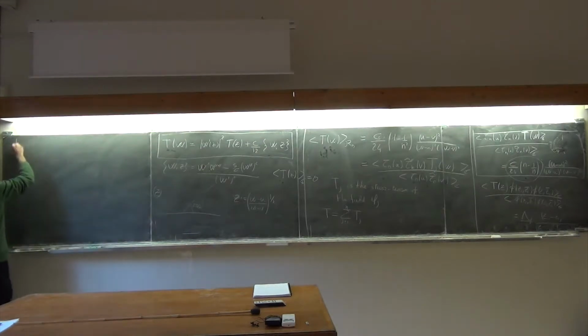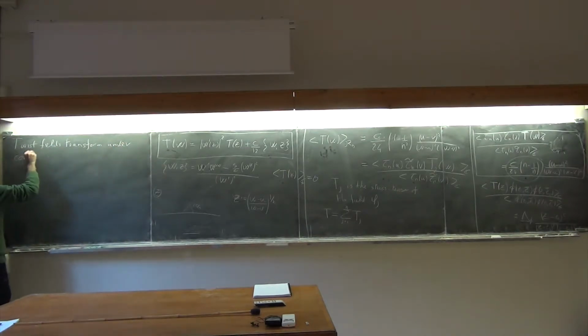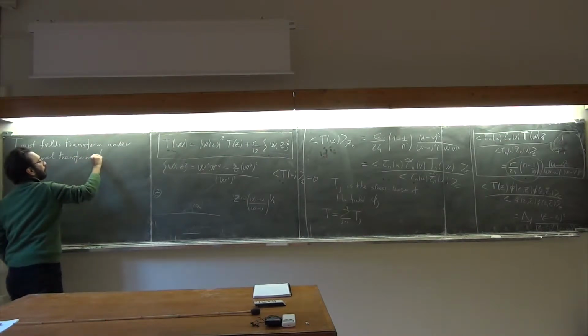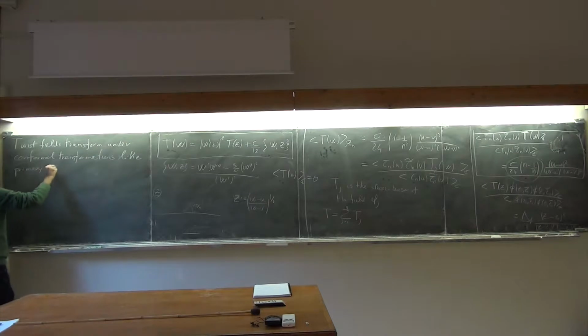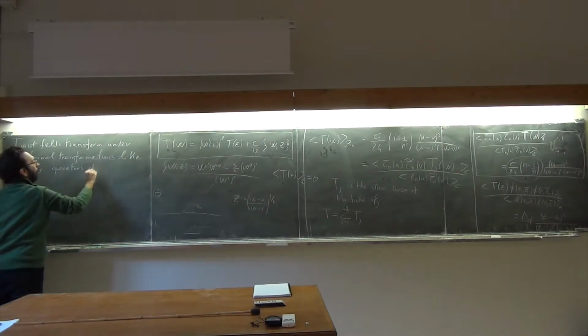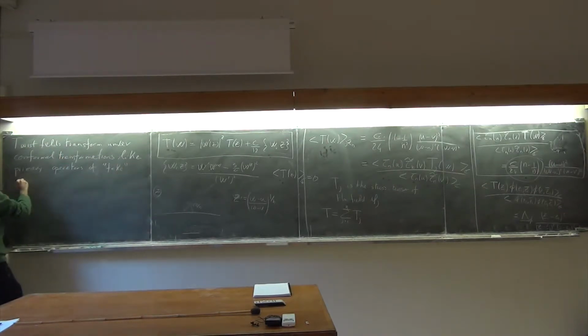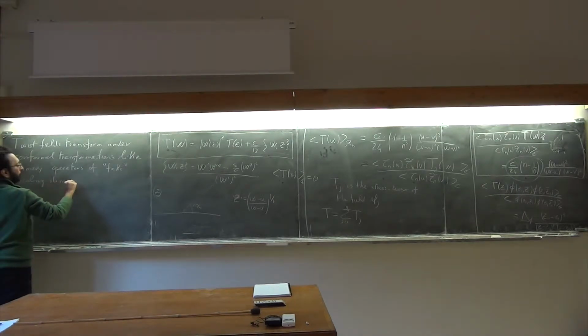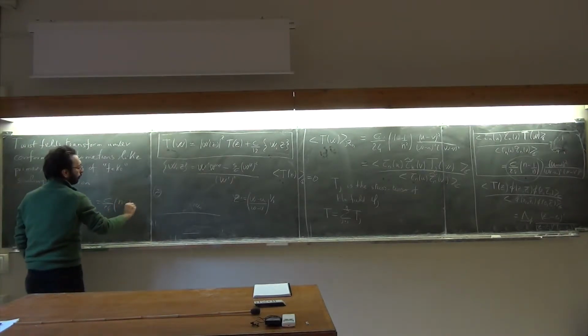So the twist fields transform under conformal transformation like primary operators of, let's say, fake scaling dimension delta tau n equals delta tau n tilde equals c over 24, n minus 1 over n.